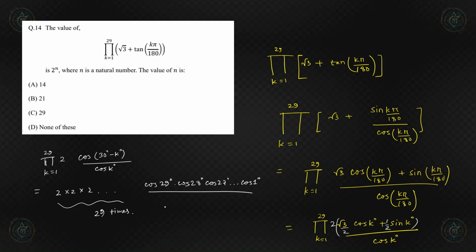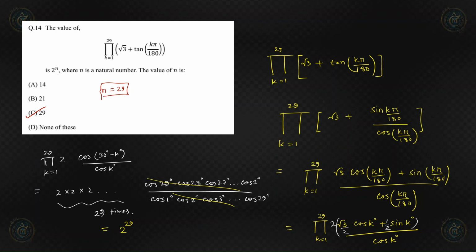And also in the denominator, we get the same expression, cos 1 degree, cos 2 degree, cos 3 degree, so on up to cos 29 degree. ठीक है. तो ये टर्म्स तो आपस में कैंसिल हो जाएंगे. तो हमारे पास क्या बचेगा, 2 to the power 29. ठीक है. तो क्वेश्चन में पूछा गया है ये n का वैल्यू, तो n होगा 29. सो ऑप्शन सी विल बी आवर करेक्ट ऑप्शन.